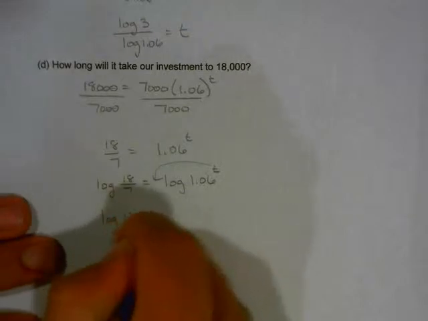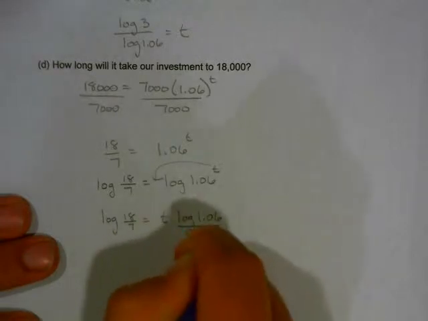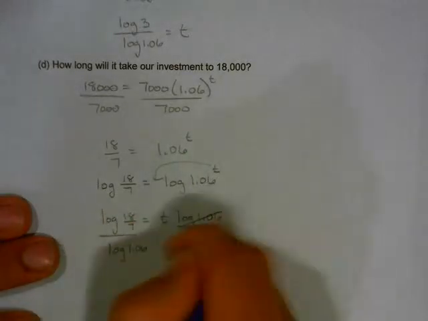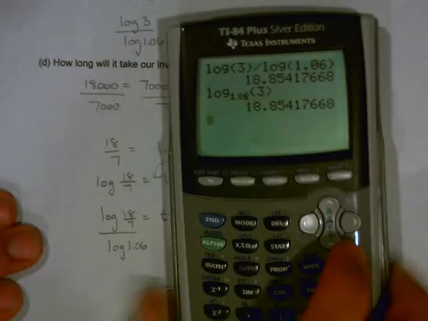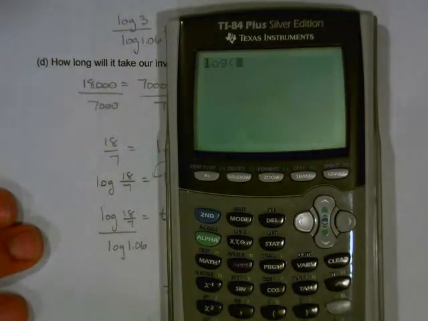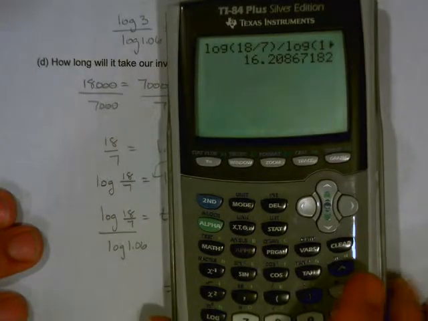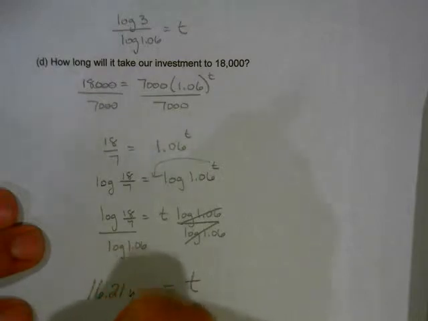Log of 18 divided by 7 equals t times log of 1.06. Divide by log of 1.06, and we're left with t equals log of 18 divided by 7, close my parentheses, divided by log of 1.06, and we get 16.21 roughly if you round. So it's going to be 16.21 years.